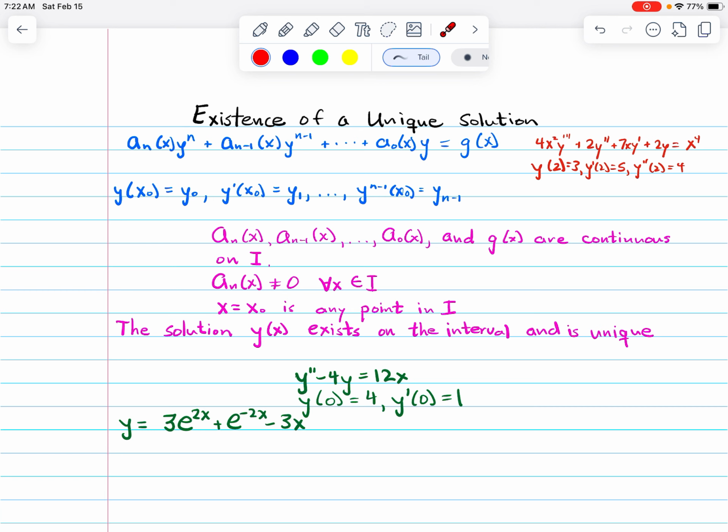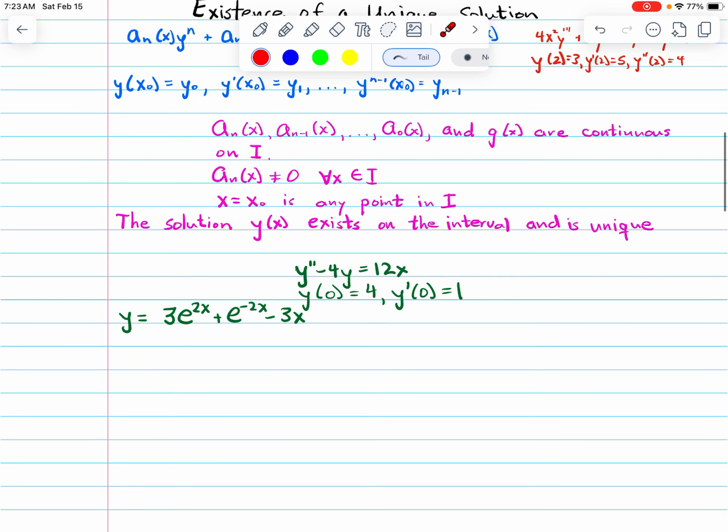So let's look at an example here, because that's kind of a mouthful. Here's y double prime minus 4y equals 12x. Now that meets all of the conditions. The coefficients of these derivatives are continuous. They're just numbers, 1 and negative 4. And 12x is certainly continuous.